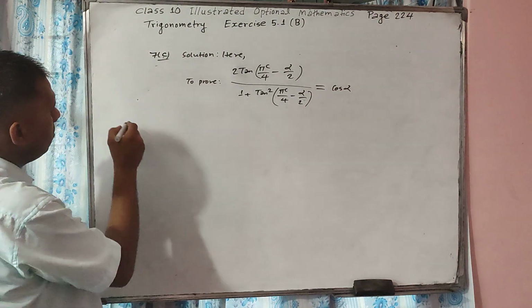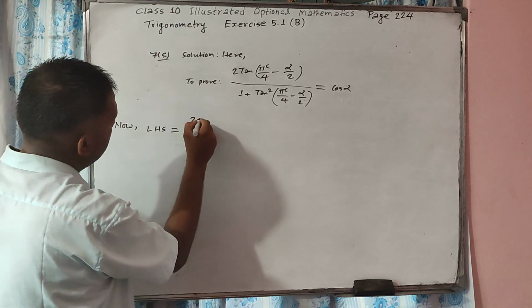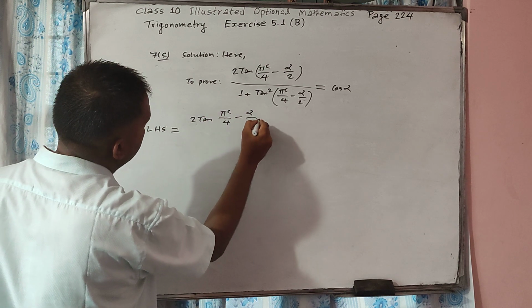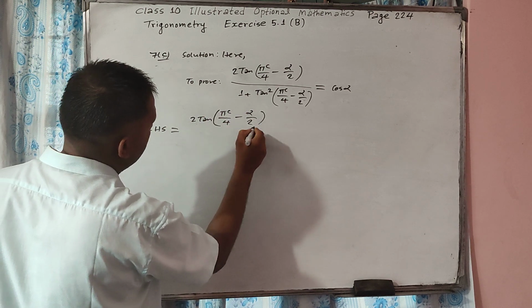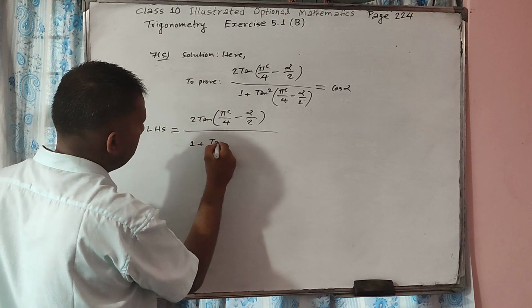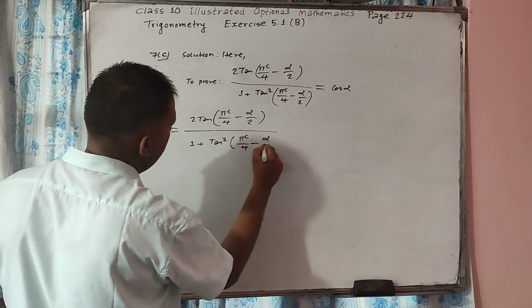Now LHS equal to 2 tan (pi divided by 4 minus alpha by 2) whole upon 1 plus tan square (pi divided by 4 minus alpha by 2).